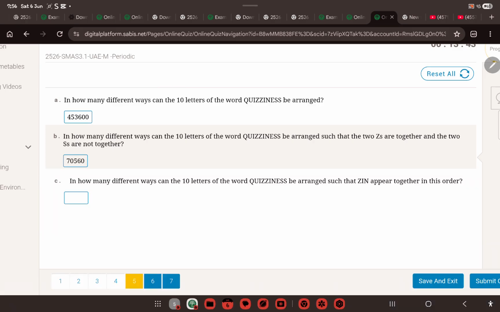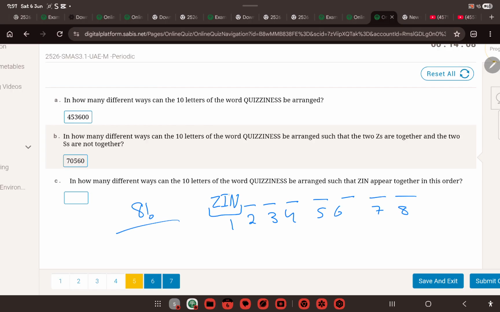You should get 70560. And how many different ways can the 10 letters of the word coziness be arranged such that Z-I-N appear together in this order? So we have Z-I-N as one block, so we have 8 items. 8 factorial.